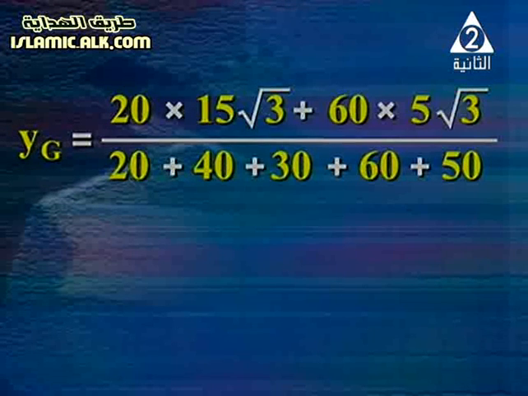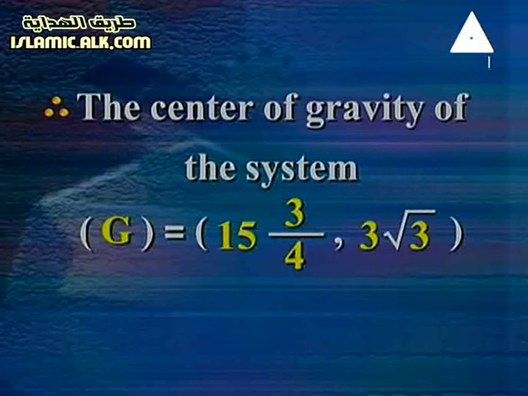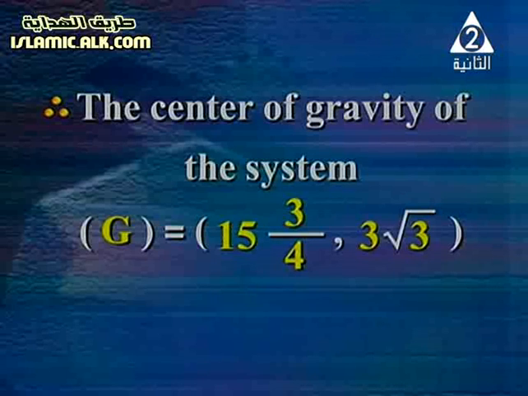We find 20 times 15 root 3 plus 60 times 5 root 3, and the answer is 3 root 3. Then the center of gravity of the system, G, equals (15 and 3/4, 3 root 3). The center of gravity of the system is represented by point G with coordinates 15 and 3/4, 3 root 3.